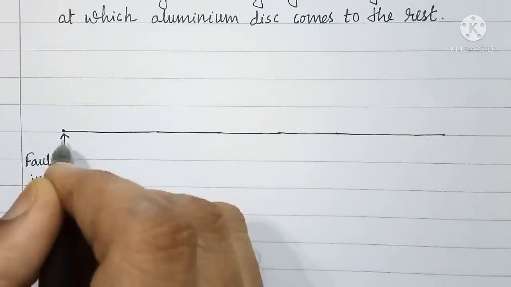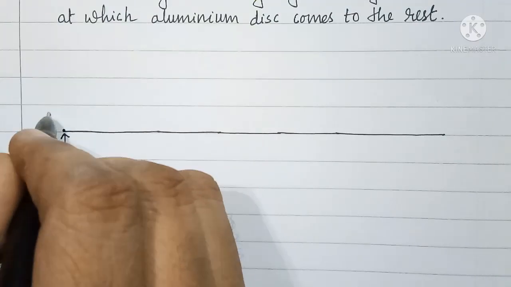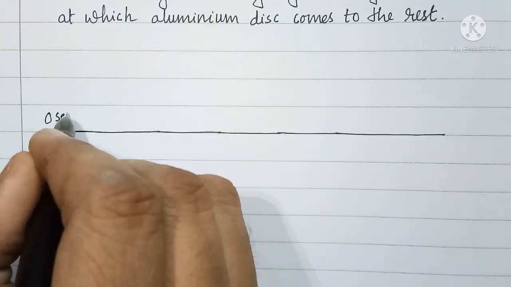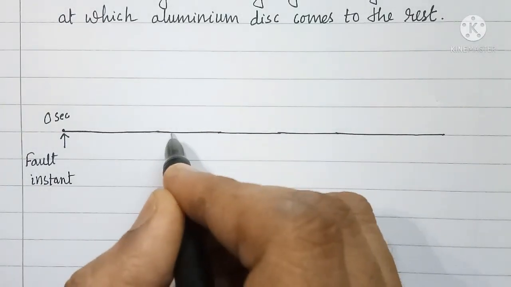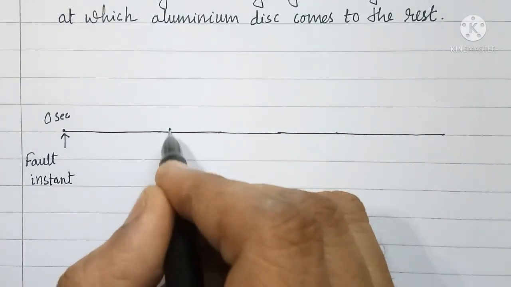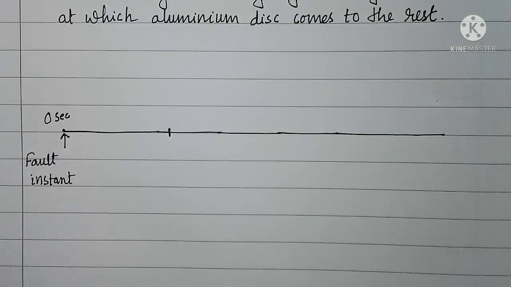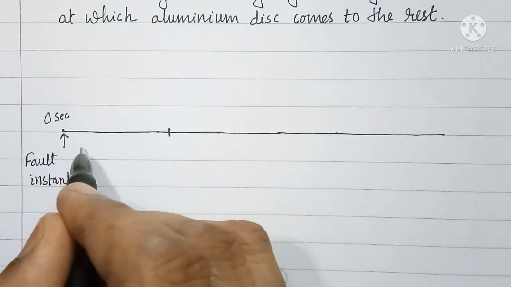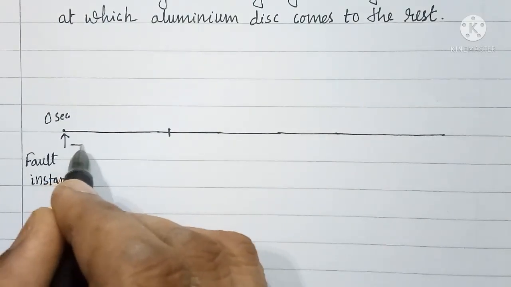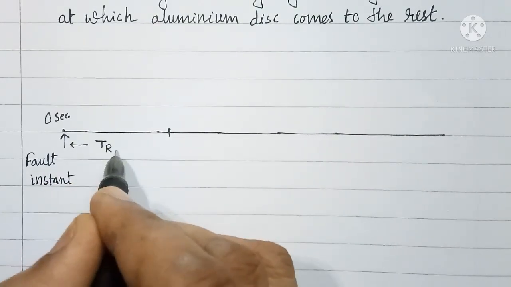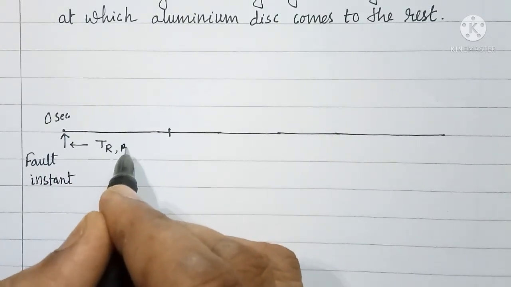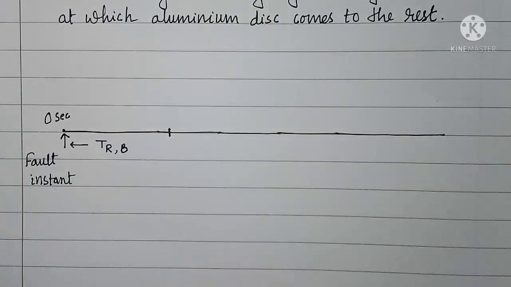So this instant of time we will take as 0 seconds. Let us say this is the operating time of the primary protection relay. I will show it as TRB.